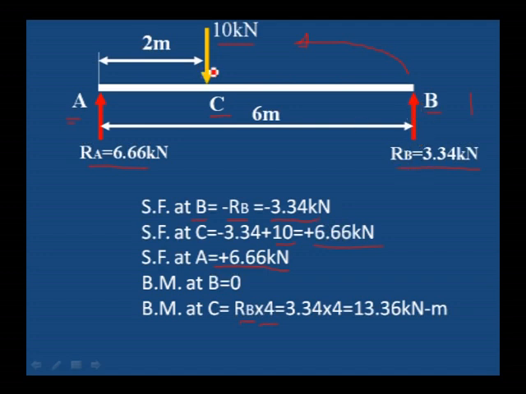RB into 4, that is the moment at C, 13.36 kilonewton meter at C. Now we have the values. Bending moment at B is 0 as well as bending moment at A is equal to 0. The central value is 13.36. Similarly, we have the three values of shear force, 3.34, 6.66, 6.66. Let us draw the shear force and bending moment diagram.